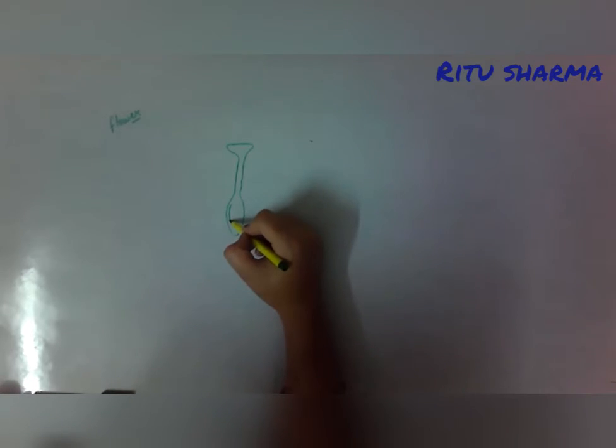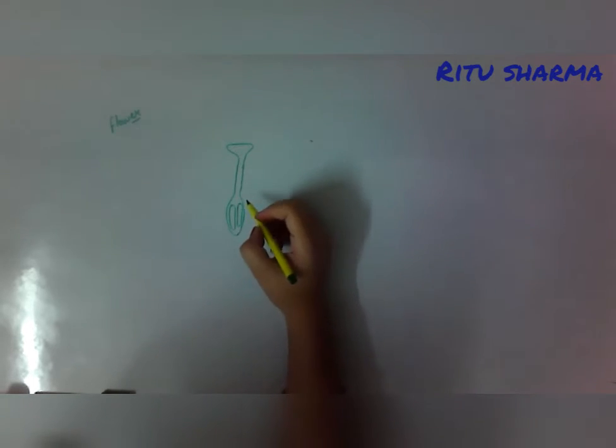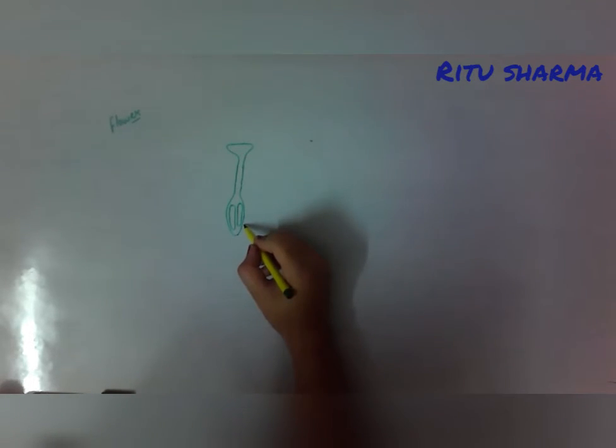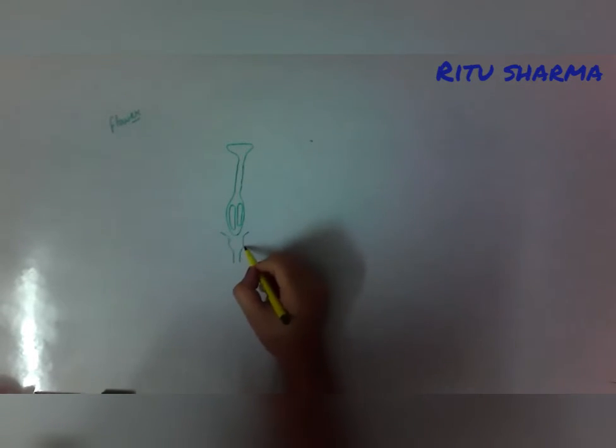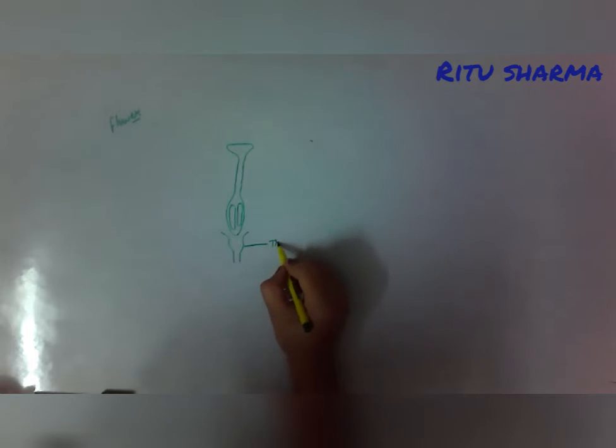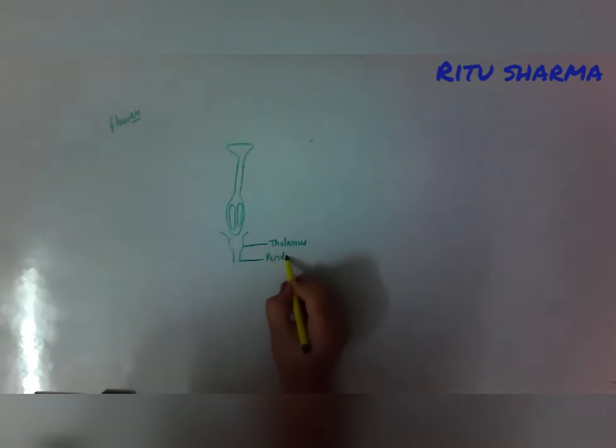It consists of ovules. Different organs of the flower arise from here, and this part is known as thalamus. And this one is the peduncle or pedicel.